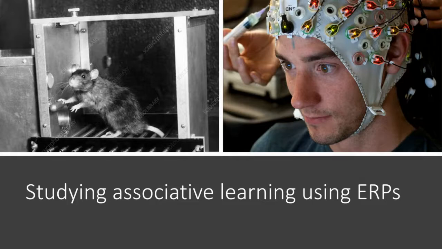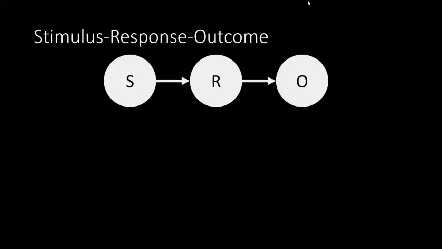And why did I decide to do that? Why did I complicate my life doing that? Well, imagine a situation in which you have a stimulus, a response, and an outcome. So the rat sees a light, or the student sees something on the screen.